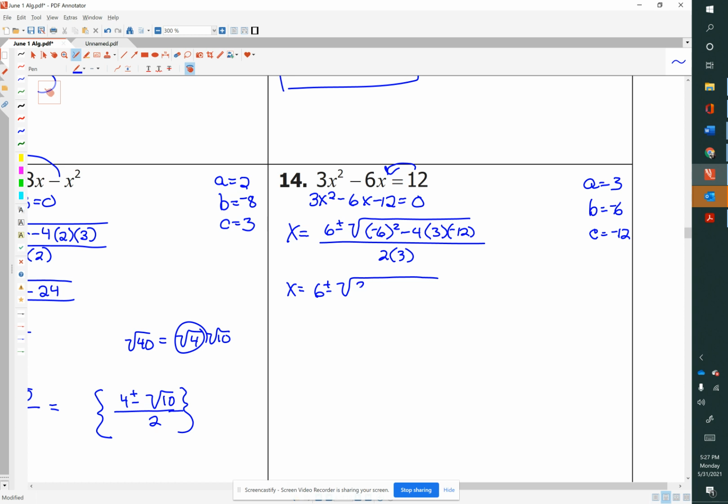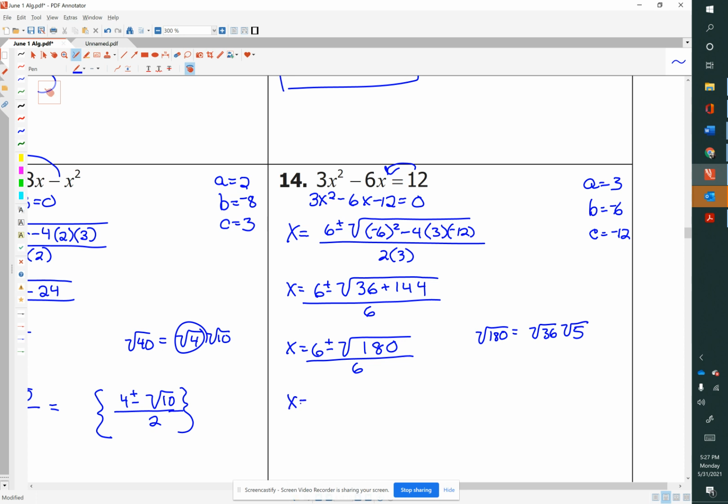So we've got positive 36 plus 144, divided by 6. Let's continue to simplify. So 36 plus 144 is 180. And we can think of the square root of 180 as the square root of 36 times the square root of 5, because 36 times 5 is 180.